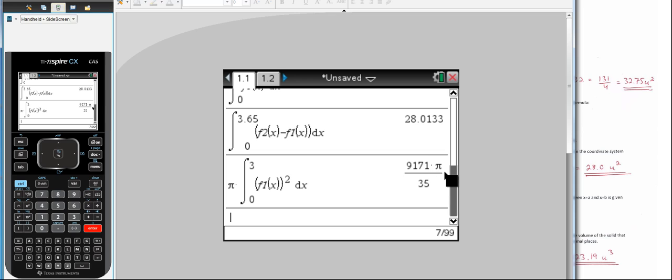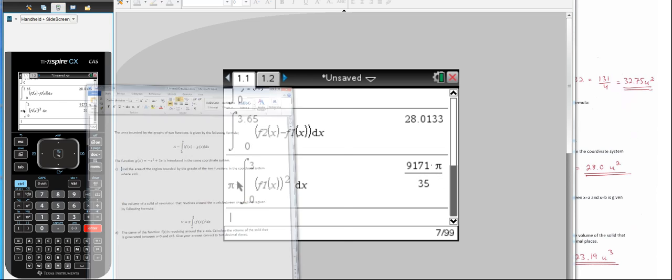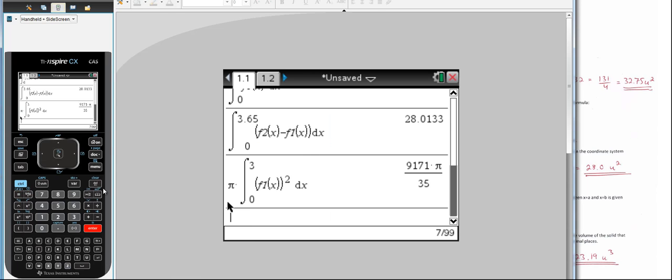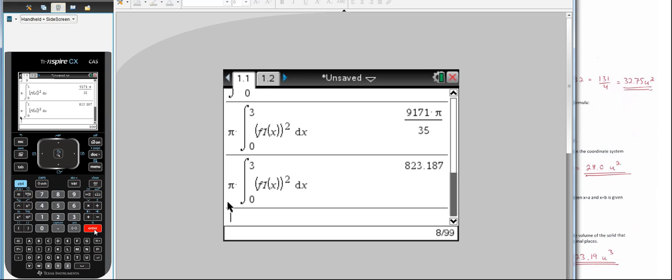Now this looks a little bit weird because it has pi in the answer. That's just because if we want the answer to be exact, we have to keep it like this. They want us to answer in a certain format. Give your answer correct to 2 decimal places. So let's find out what this is more or less.